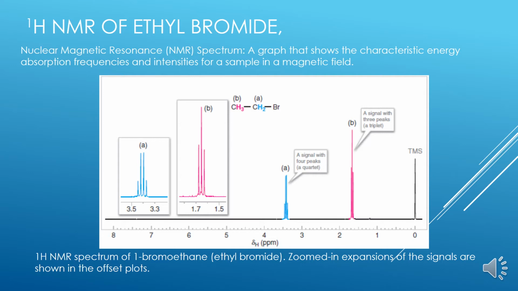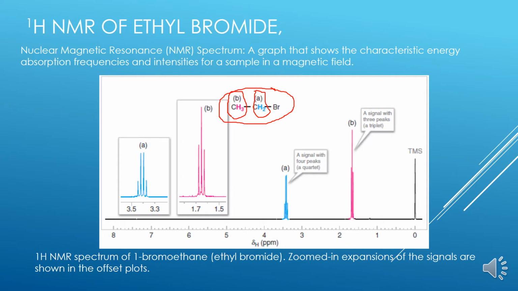Here this ethyl bromide molecule has two different protons. One is labeled as A, the second one is labeled as B. The CH2 protons are called methylene protons. CH3 protons are referred to as methyl protons.